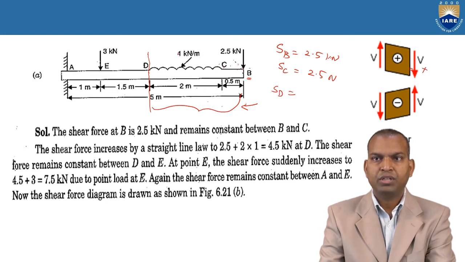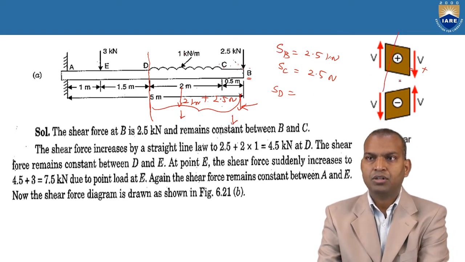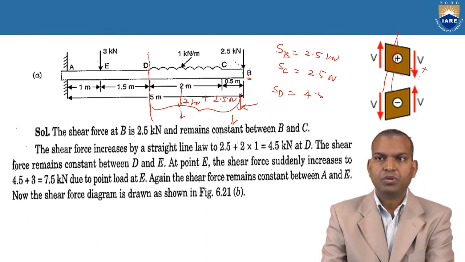There is the UDL, 1 into 2, 1 kilonewton per meter into 2 meters, that is 2 kilonewtons acting in the downward direction, plus 2.5 kilonewtons also acting downwards. Right side section line, downward direction is positive. So 2 plus 2.5, that is 4.5 kilonewtons. At D, it is 4.5 kilonewtons.